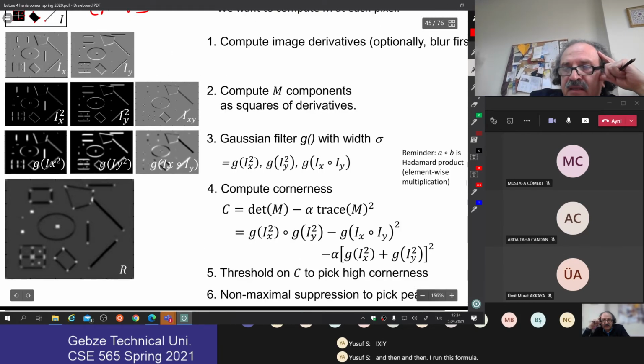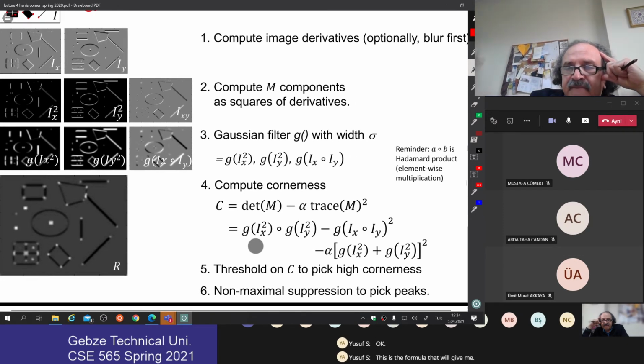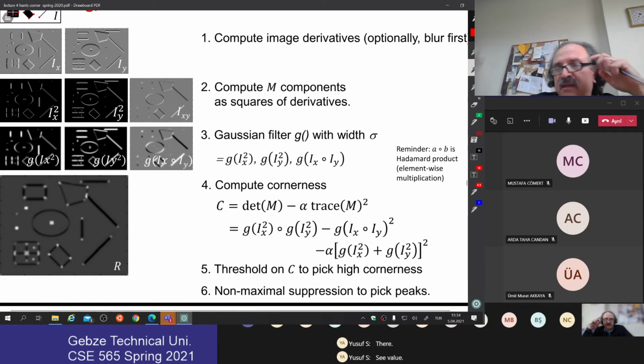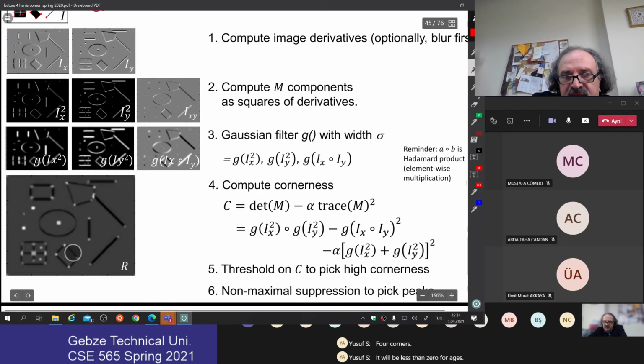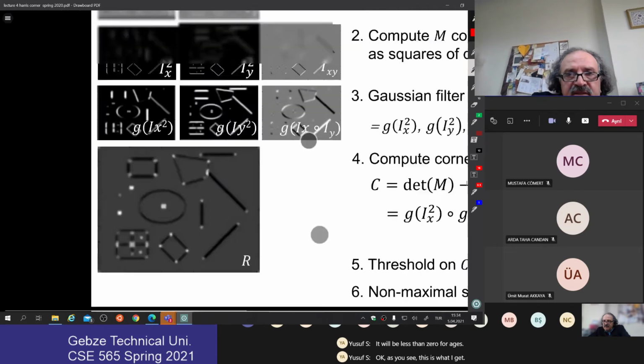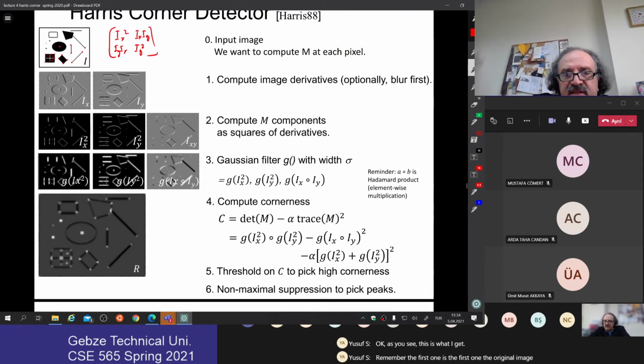This is the formula that will give me the C value. So the C value is going to be large for corners. It will be less than 0 for edges. As you see, this is what I get. Remember, the first one is the original image, and this is the final image.